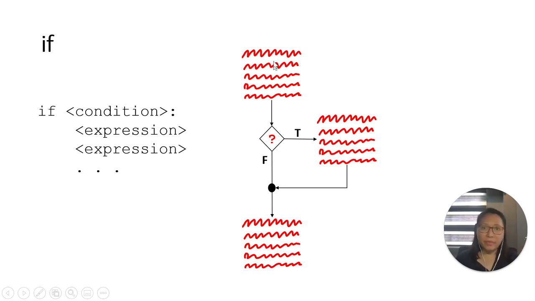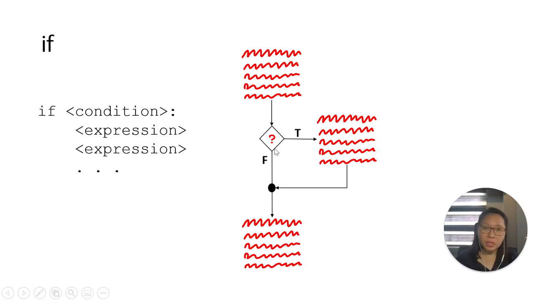So let's say we have this one. This is a diagram that shows the flow of control. If we have this construct, it goes this way. These lines of codes are executed, and then the program encounters this test or this condition.